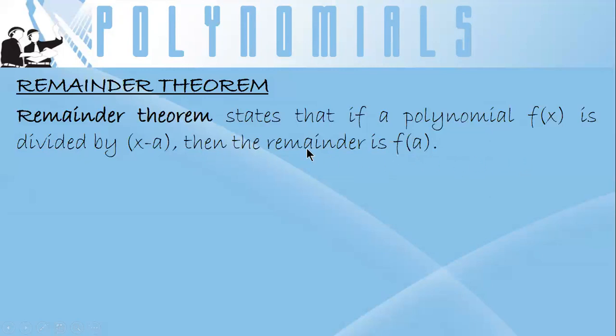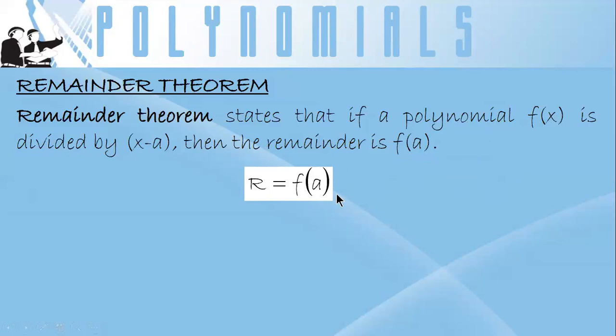So, the remainder theorem is a shortcut. It's a shortcut for getting the remainder without going through manual division. You don't need to do manual division. It's direct. The remainder is f of a.